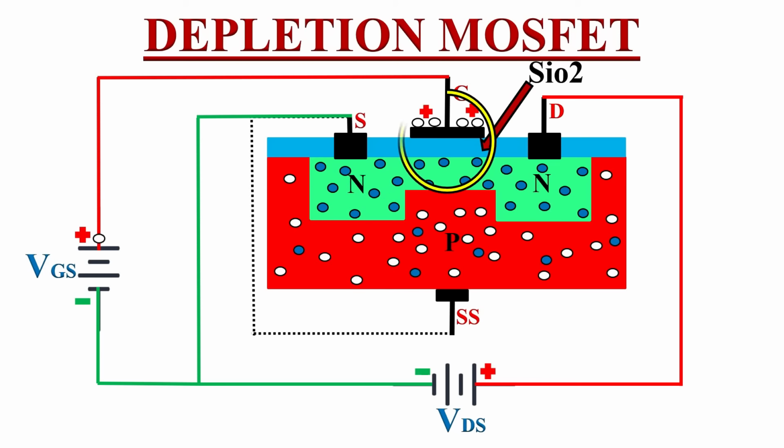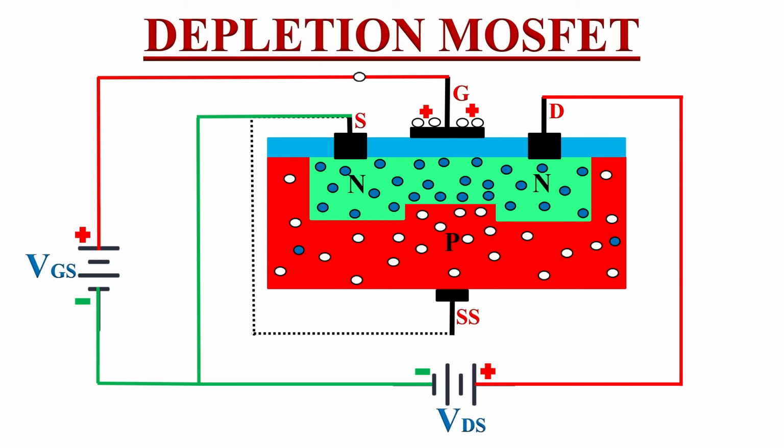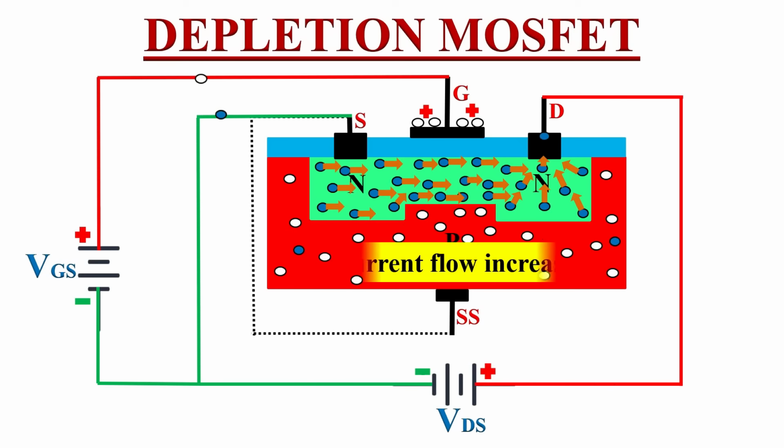And here, due to capacitive action in this region, the electrons which are minority charge carriers in this P-type substrate will get attracted towards this N-channel, and due to that the N-channel width gets increased, or we can say that the number of free electrons in this N-channel will increase. So the electrons which are flowing from source to drain have a wider channel width, and there are more free electrons to constitute current flow. Hence effectively we can say that the flow of current in this depletion MOSFET will increase.